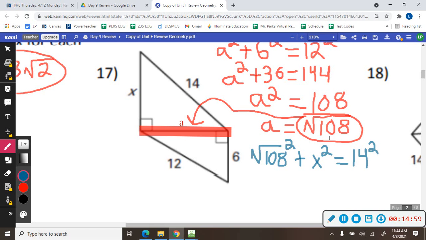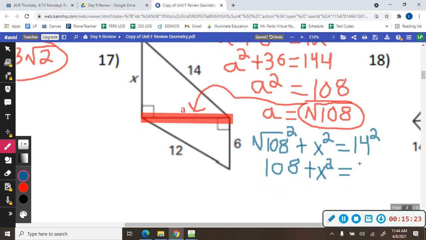And the reason why I left that a square root of 108 is because square root of 108 and a square cancel. So I'm left with just 108 plus x squared. And then 14 times 14 is 196.